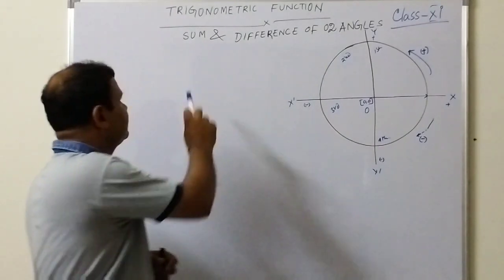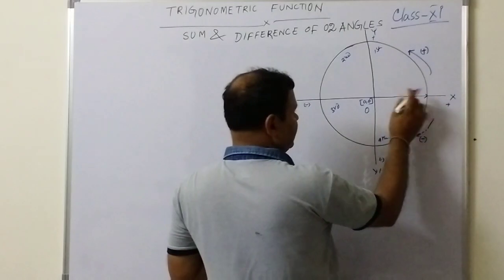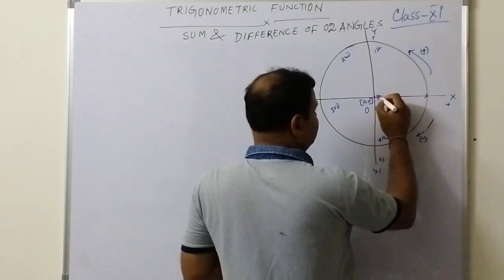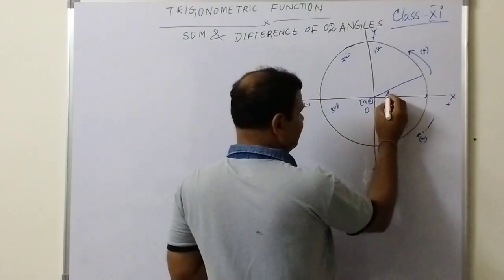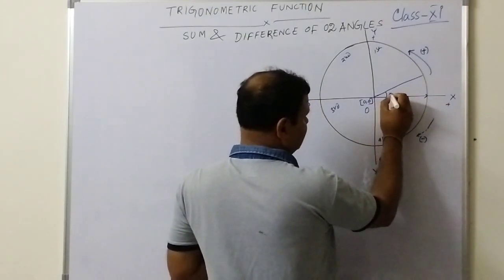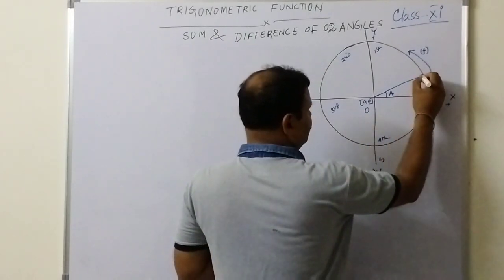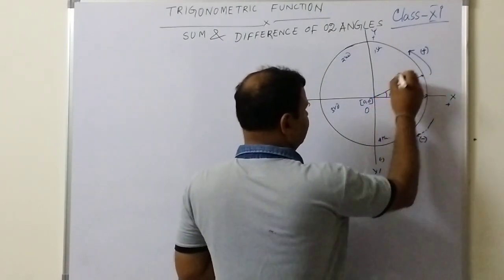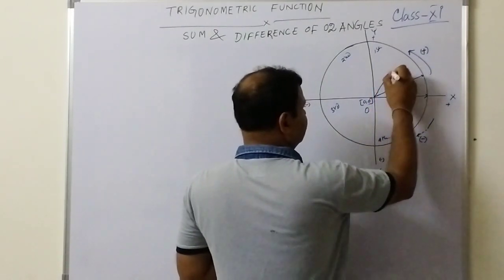So in our case, we'll consider two different angles. Suppose this ray first initially moves to this position from the basic position, making an angle, suppose this is A, and then moves again to a different position at a different angle.